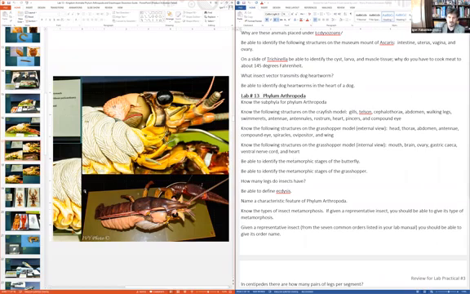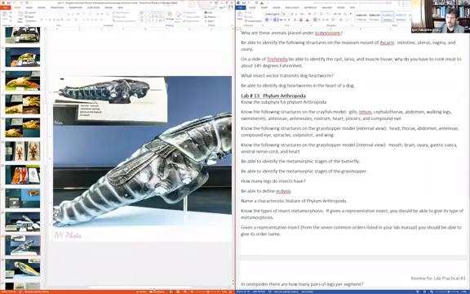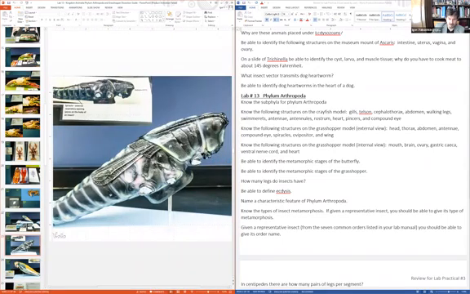Following are the structures on the grasshopper's outside. Spiracles. Spiracles are tiny little openings on each of the segments. Here we go. This is how the air gets in. Then we need to look at the head, compound eye, antennas, the wings.